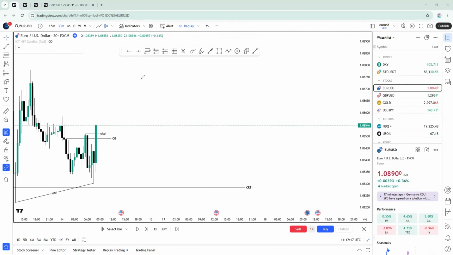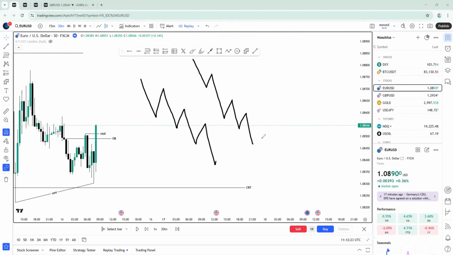This means that if GBP USD and Euro USD are always moving together like this, and then all of a sudden we start seeing Euro USD moving down, and instead of GBP USD moving down, GBP USD is moving up, this is already an SMT. They are no longer moving simultaneously.